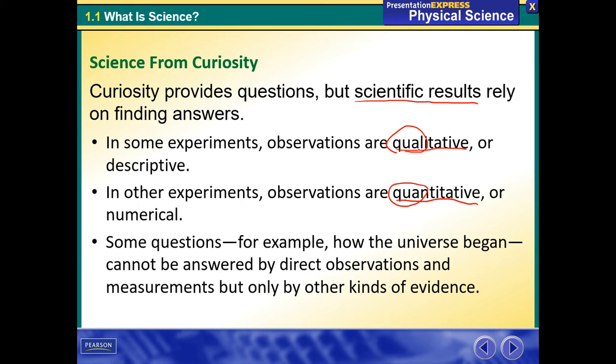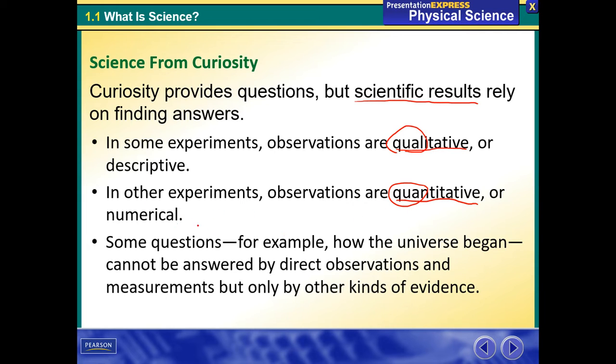Qualitative, if I were to ask you to tell me the quality of something, like the quality of a shirt, you're usually going to give me a description. You might say that it is a very soft, big, fluffy shirt, or you might say it's small and itchy. Other experiments, you're going to give me quantitative data, and quantitative is like quantity or the amount, numerical.